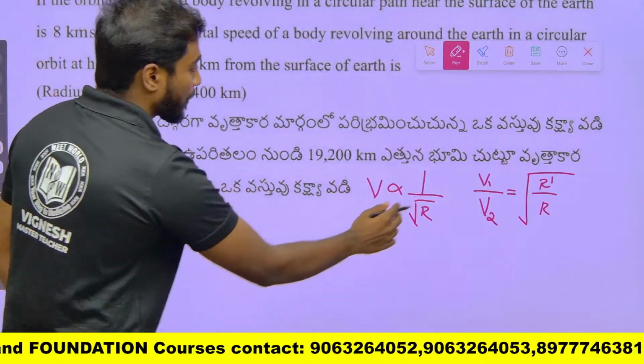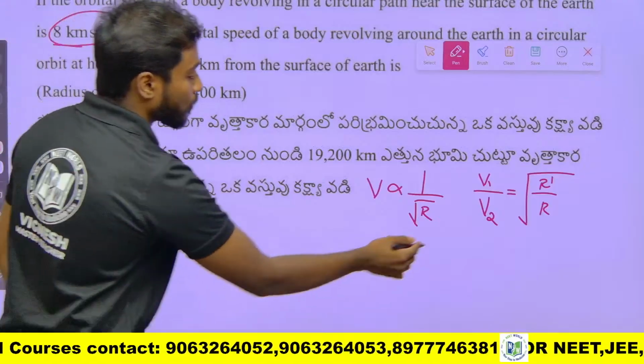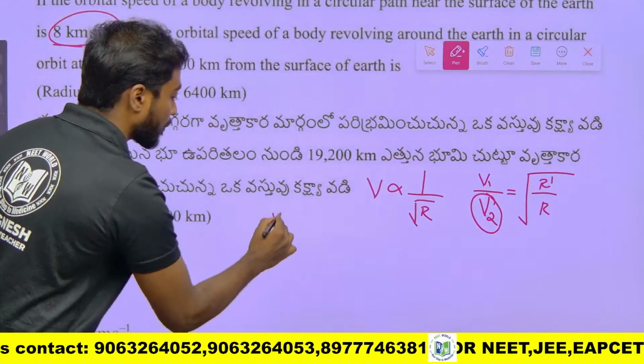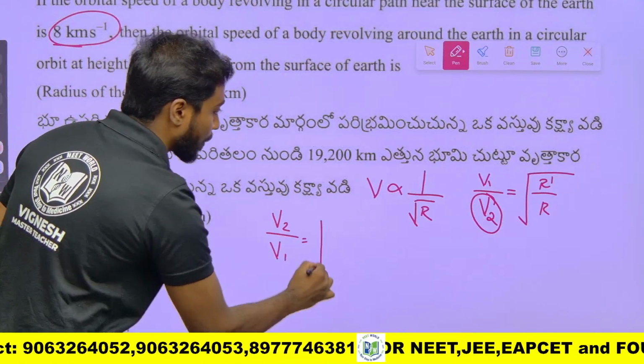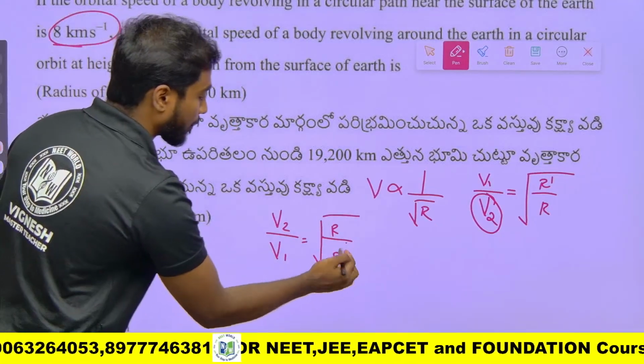Now what is V1 here? 8 kilometer per second. So I need to find V2, right? Let me reverse it. V2 by V1 is equal to under root of R by R dash.